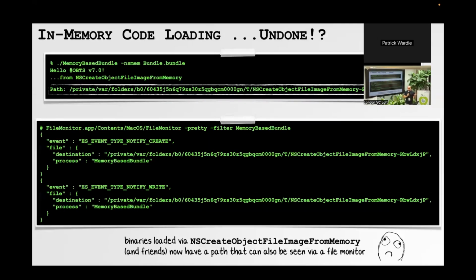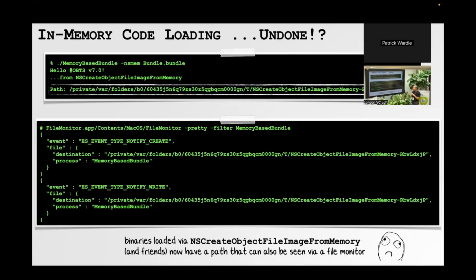So if you compile Apple's code now, for example, or execute any of the malware samples that supported this in-memory code execution, and you run a file monitor, you will see that is exactly what is happening. Behind the scenes, Apple is now writing out the in-memory image to disk and then loading it using normal loader code.